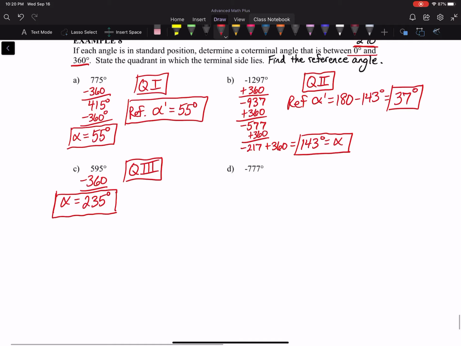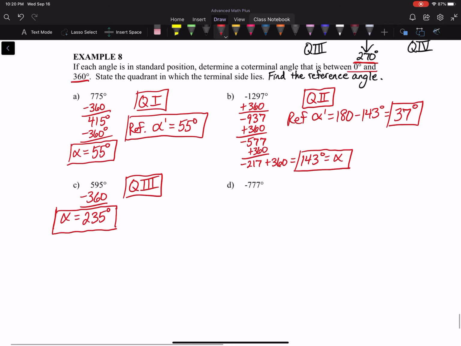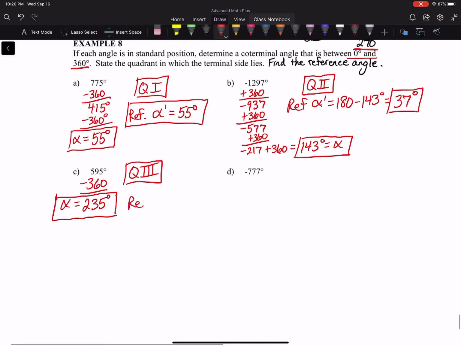And when it's in quadrant 3, we use the angle minus 180 to get our reference angle. So alpha prime equals 235 minus 180, which is also 55 degrees like we got earlier. So alpha prime is 55 degrees.